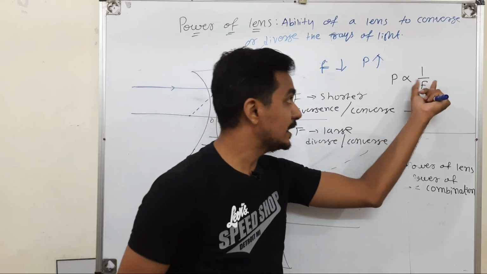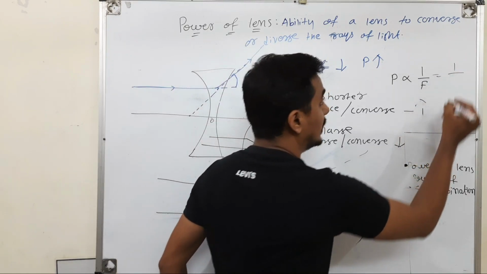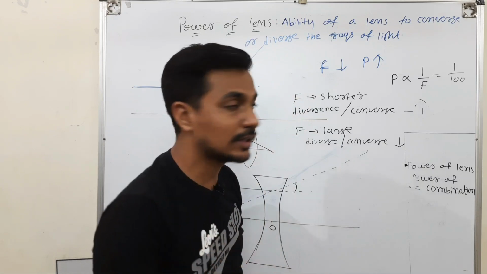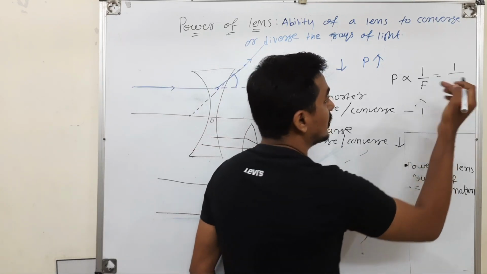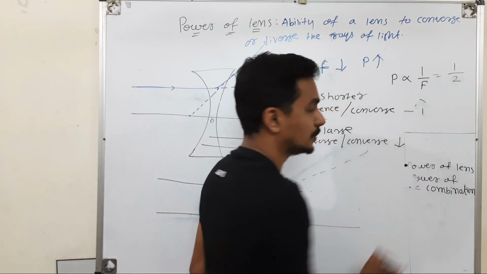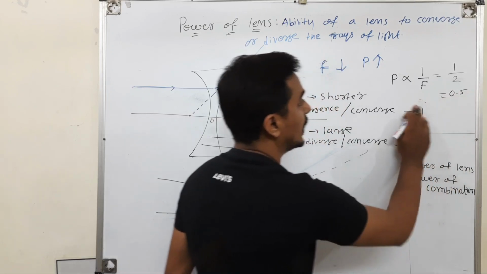For example, for a lens having focal length of 2, the power is 0.5.